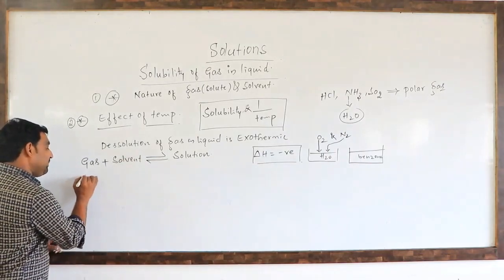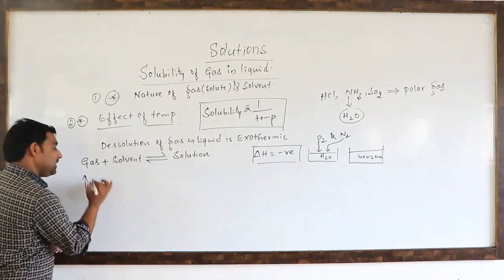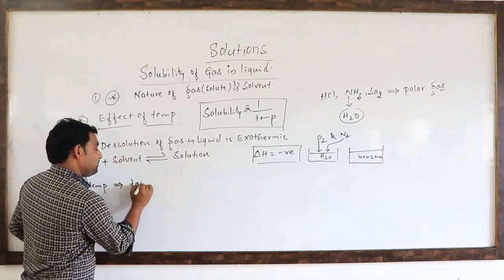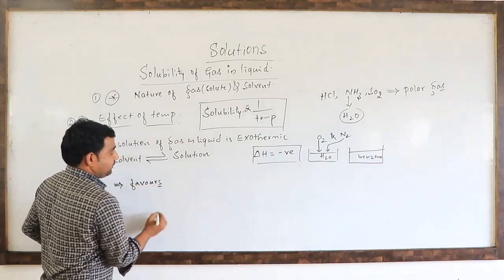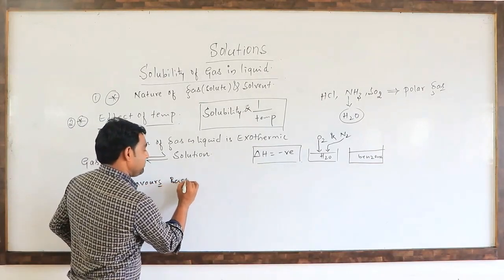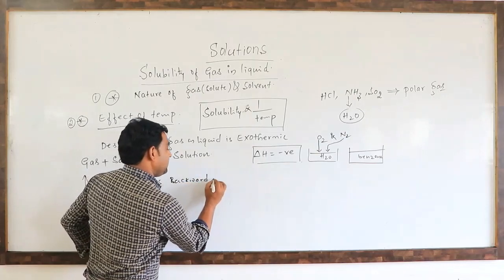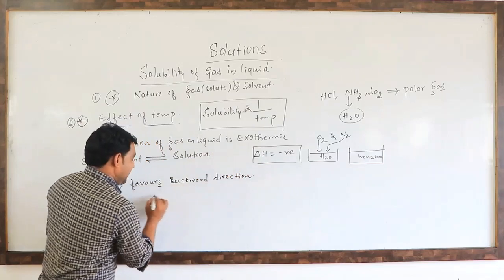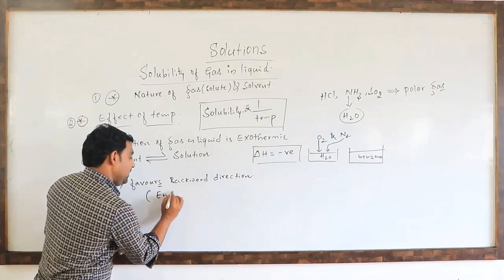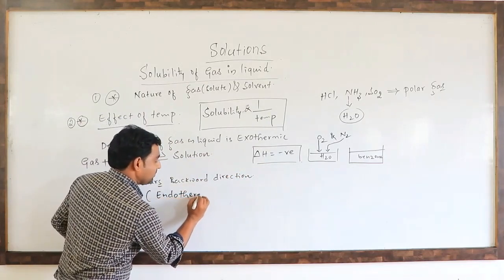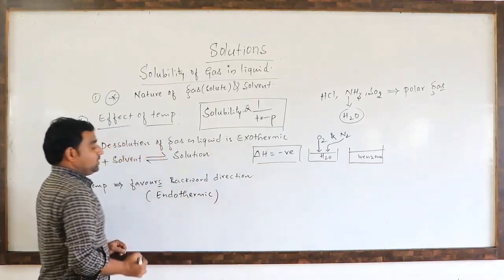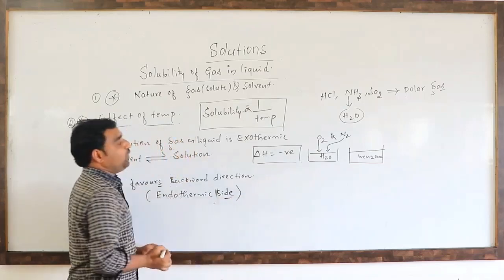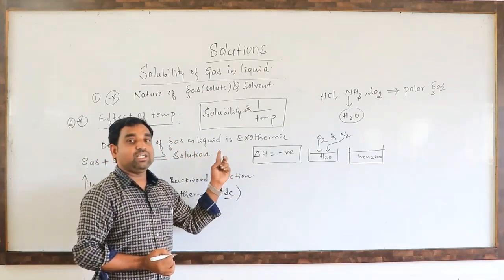When we increase the temperature, the reaction favors the backward direction. It means towards what? Endothermic side. If it is towards the endothermic side, the solubility of gas in a liquid will decrease.